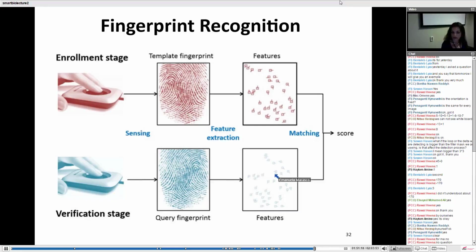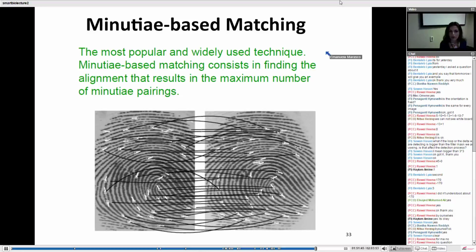The minutia point features that we just described are extracted, and we can apply the matching algorithm, which compares the template set of minutia points from the enrollment stage to the minutia points extracted during the verification stage. And we have the match score, which is the output of this comparison.